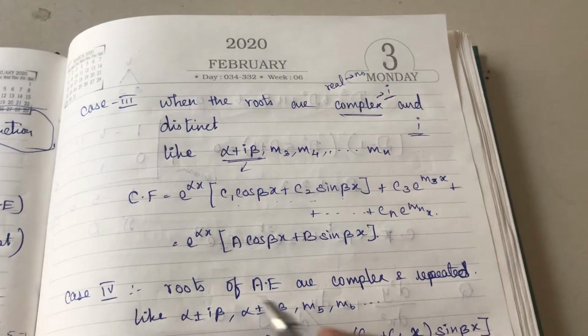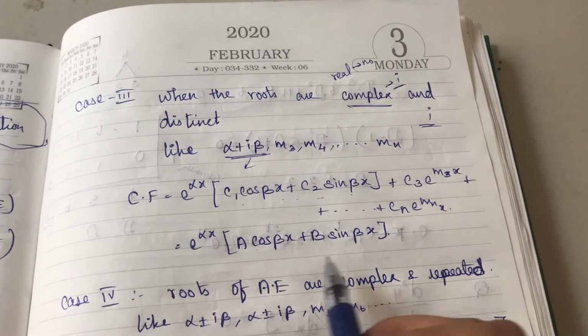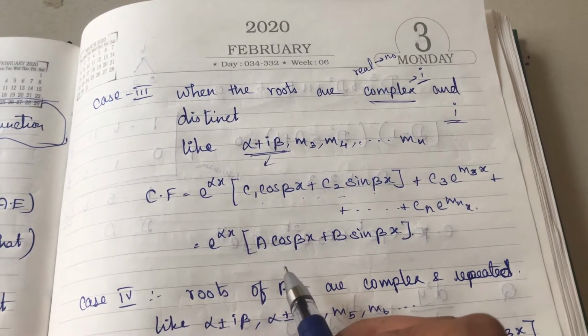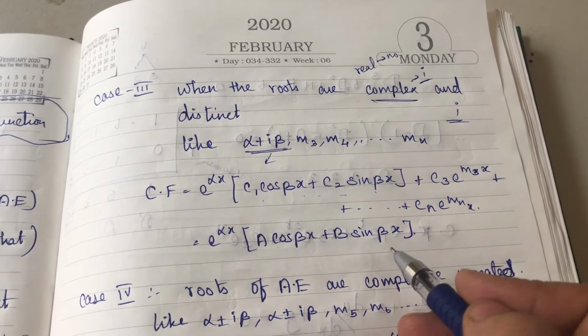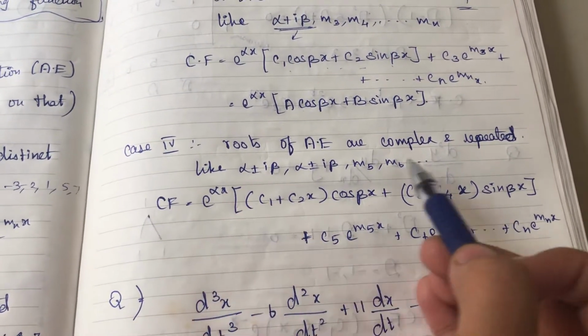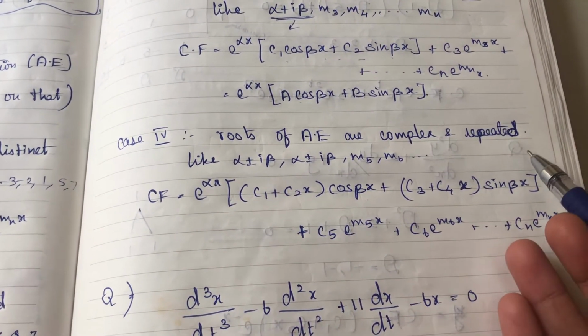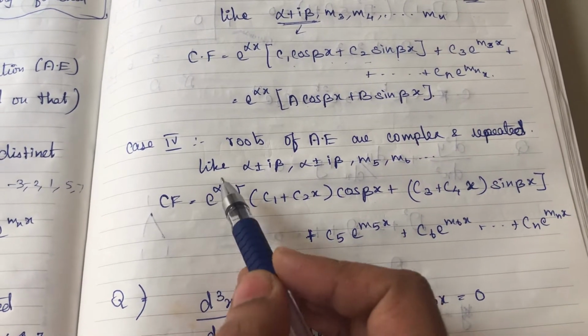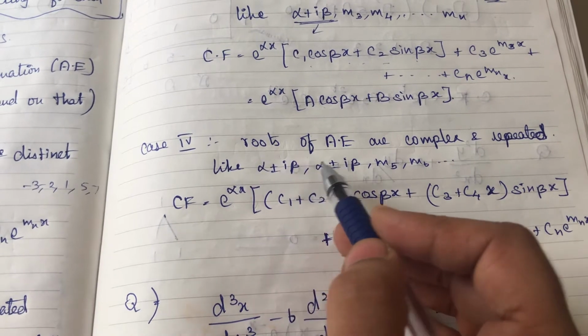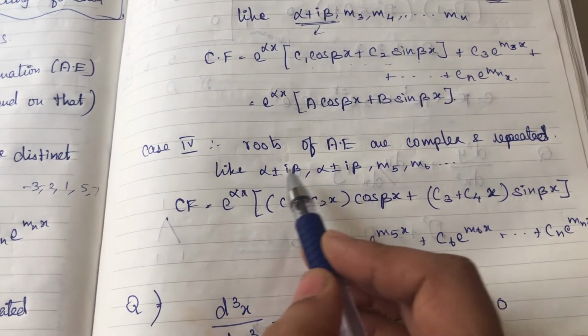These are the same terms, but in school days we studied e power alpha x into a cos beta x plus b sin beta x. And the fifth case: the root is complex and if it is repeated, just take the complex part outside. If alpha and beta are the same, that means two roots.